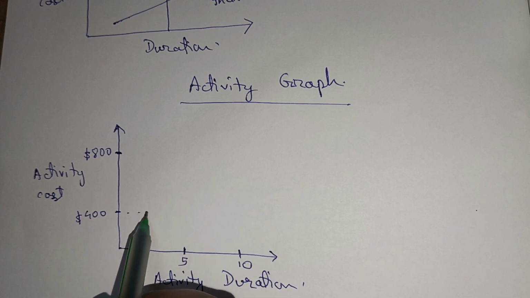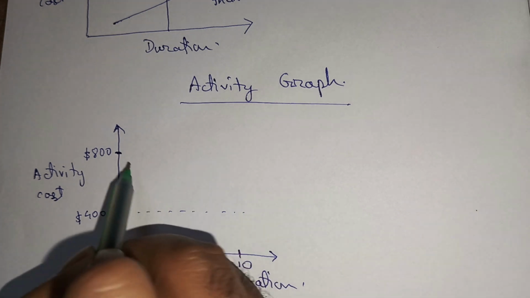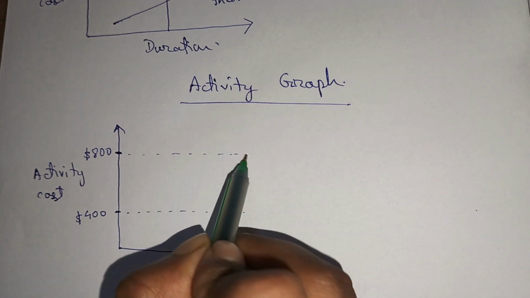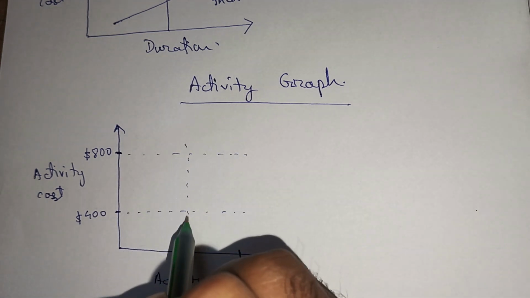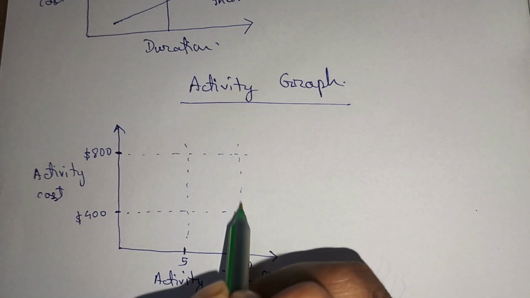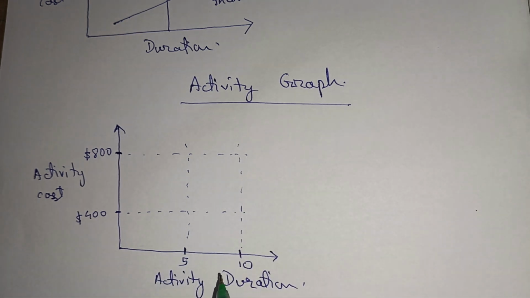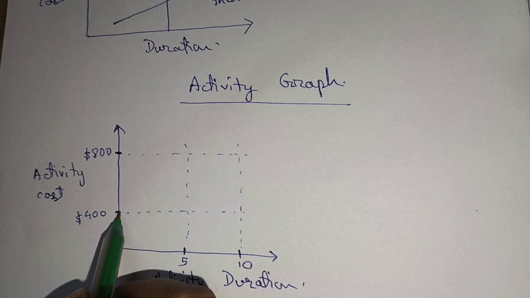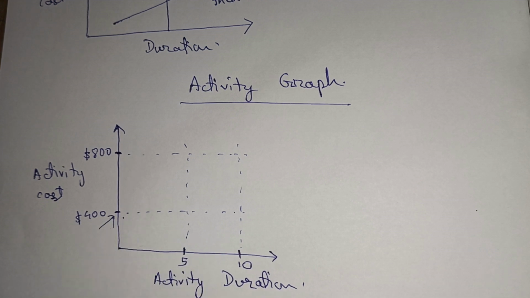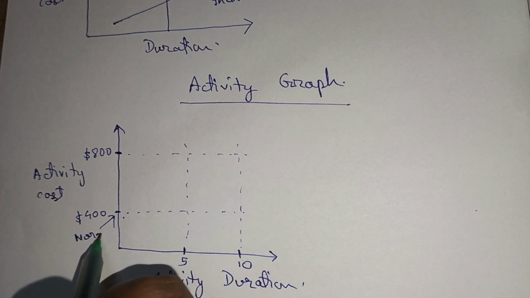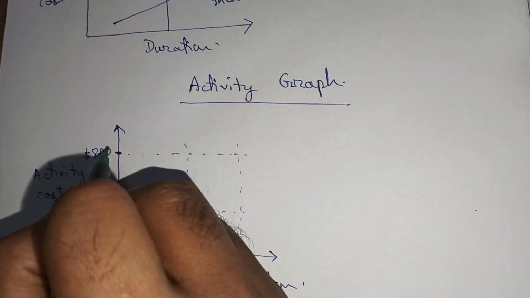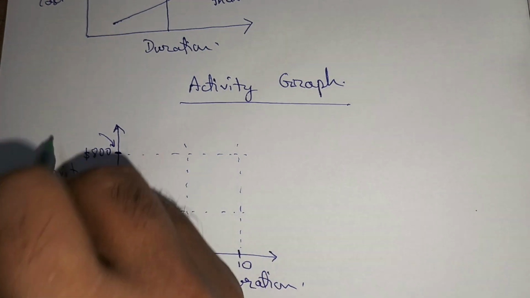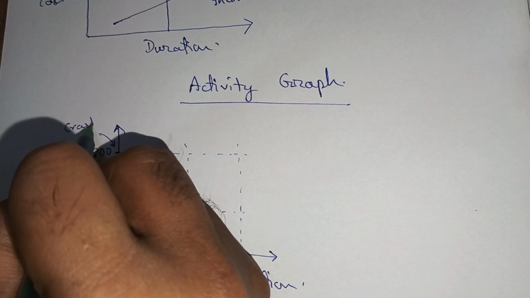Okay, so you'll have these points of intersection for the normal cost and the crash cost. So let's say this is your normal cost, and this is your crash cost.